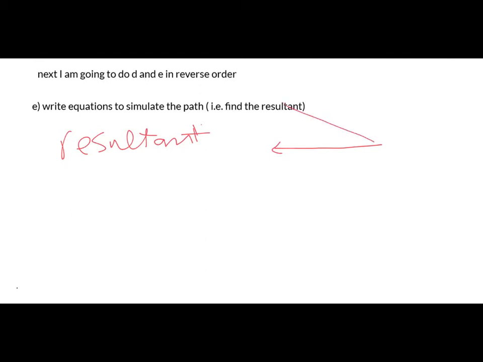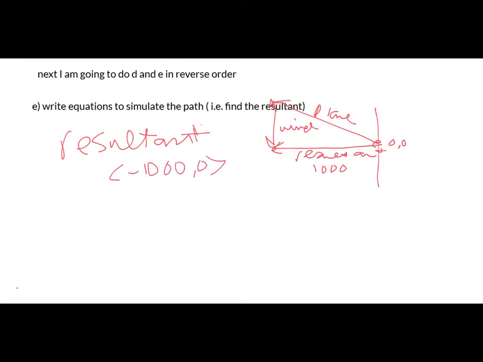So you took your plane up here, the wind pushed you down, and this is your resultant. And if you remember, there's 1,000 miles between Memphis and Albuquerque. So if I picture this as 0, 0, my resultant is -1,000, 0. So I'm 1,000 left, 0.